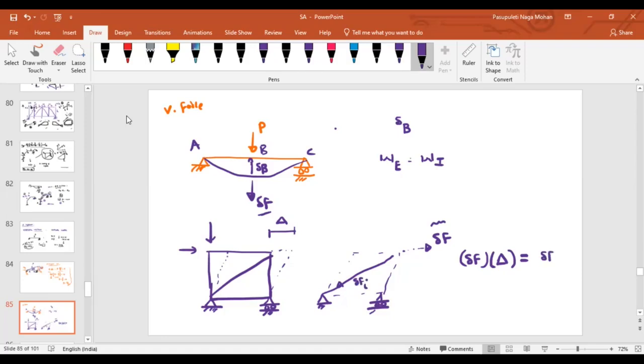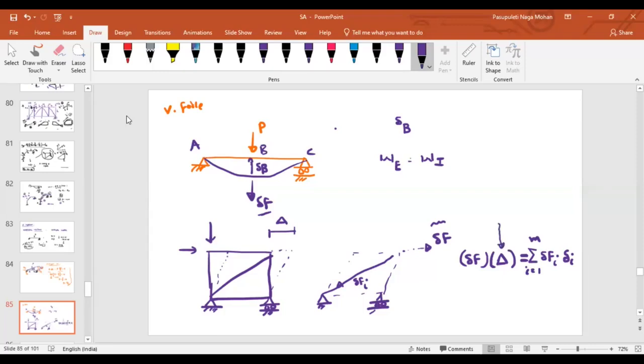So delta Fi is the force in the members due to the virtual force, multiplied by the deflection of each member. As more than one member is connected, I can use the summation i equal to 1 to m. What is our required quantity?